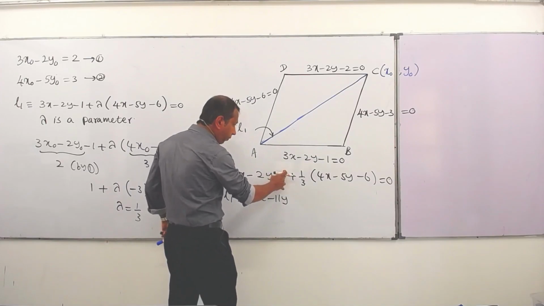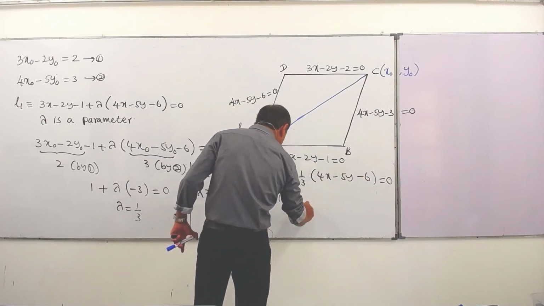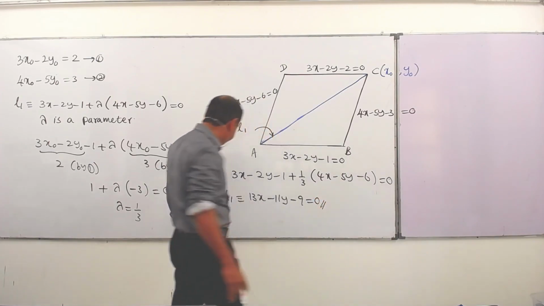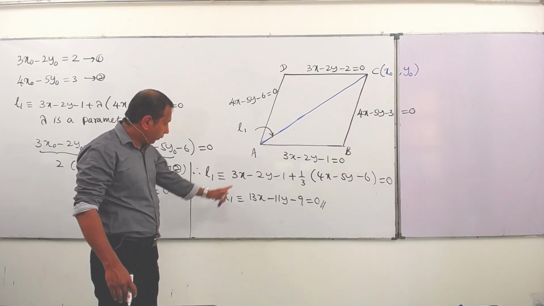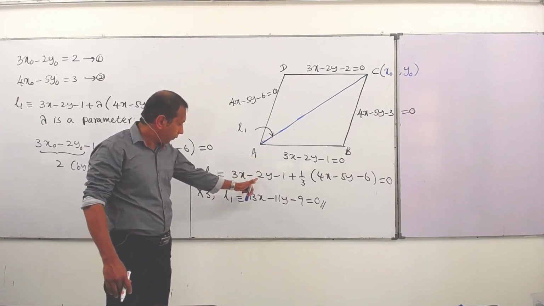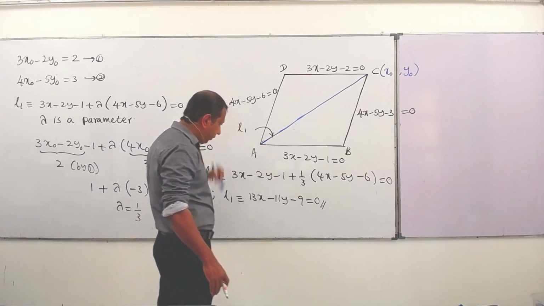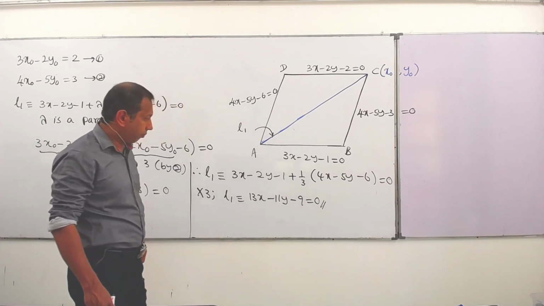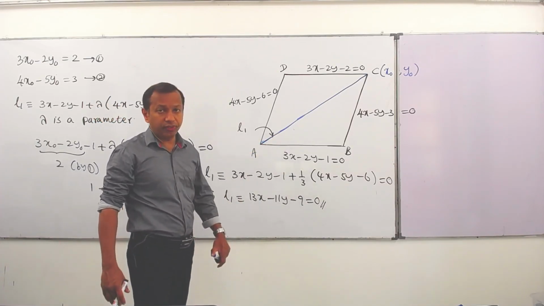Here minus 3, here minus 6, minus 9. Correct, no? When you multiply this throughout by 3, we get 13x minus 11y minus 9. That way we can find the equation of this L1 very easily.